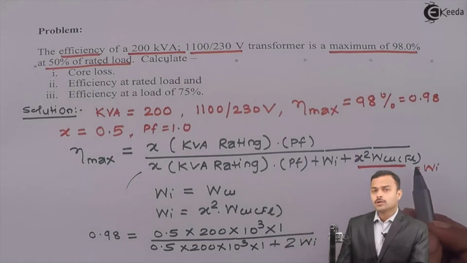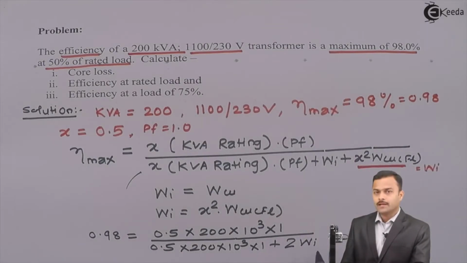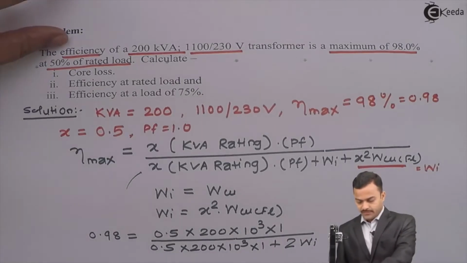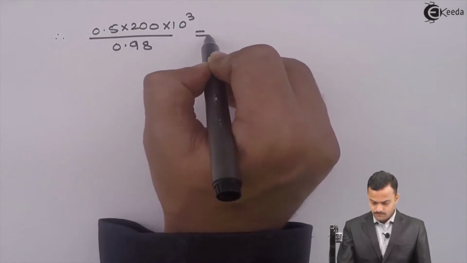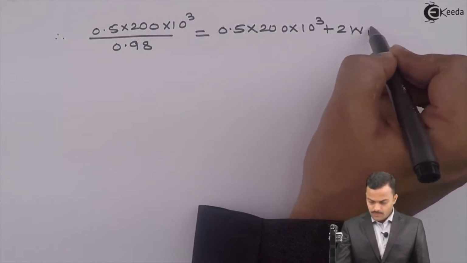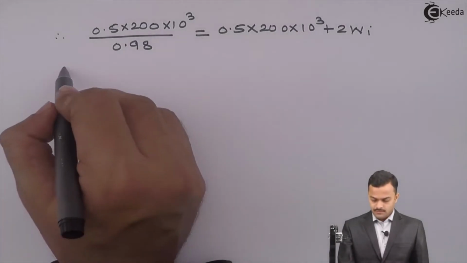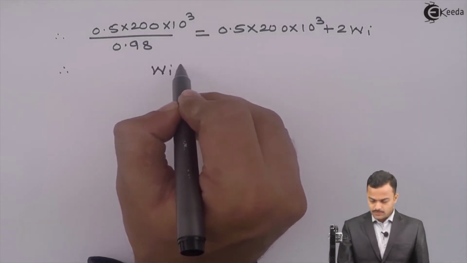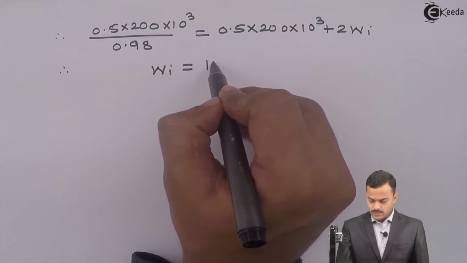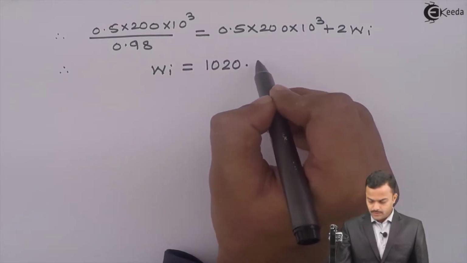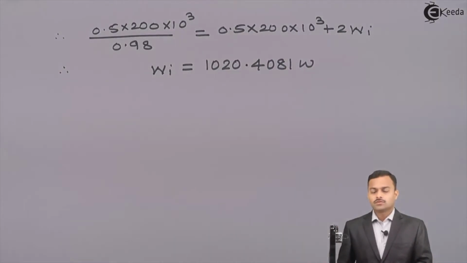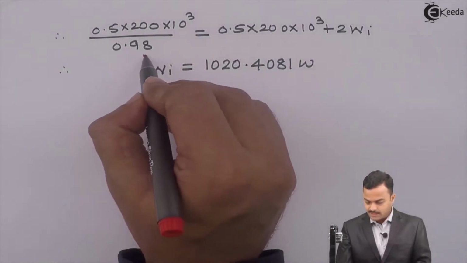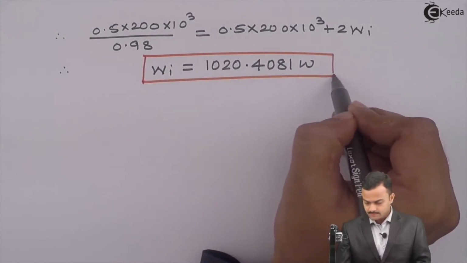Here I am having two unknowns, but here I am having only one unknown, and that is Wi, which is nothing but core loss. If you simplify this, I will get this expression, and Wi, the core loss, is equal to 1020.4081 watt. So core loss inside a transformer is this.